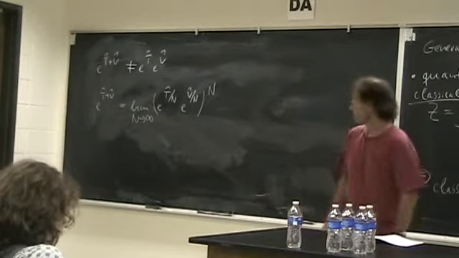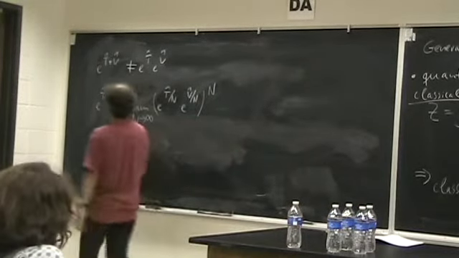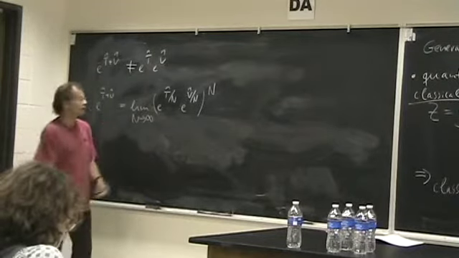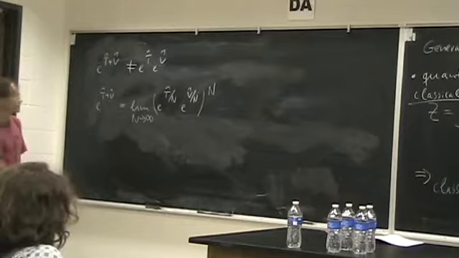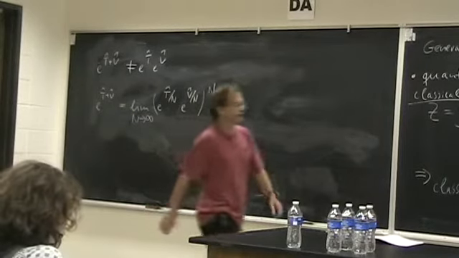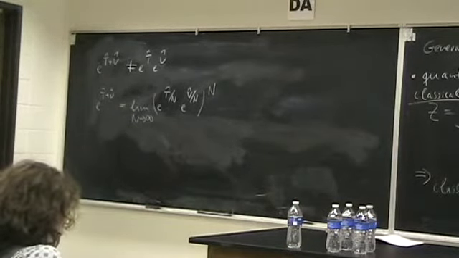And that's a general operator identity, right? So it applies to any operators T and V, not just to kinetic and potential energy. But we can now use it to actually decompose our partition function, right?